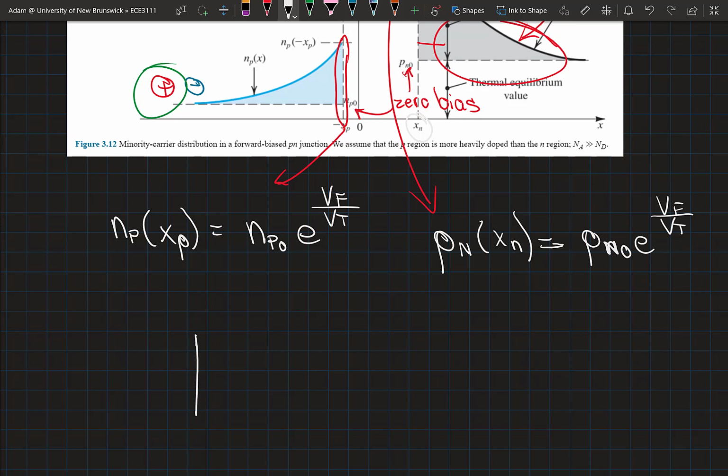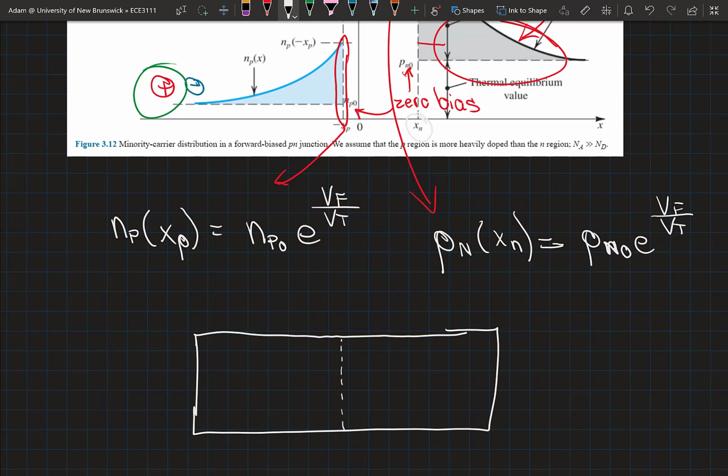Right, so if we have a PN junction, I have my depletion region, this being my P material, this being my N material. I assume I have some forward bias applied to this, and let's just look at this from the perspective of a hole for a second.